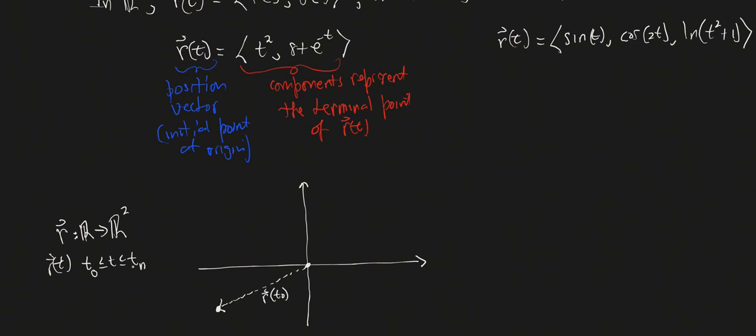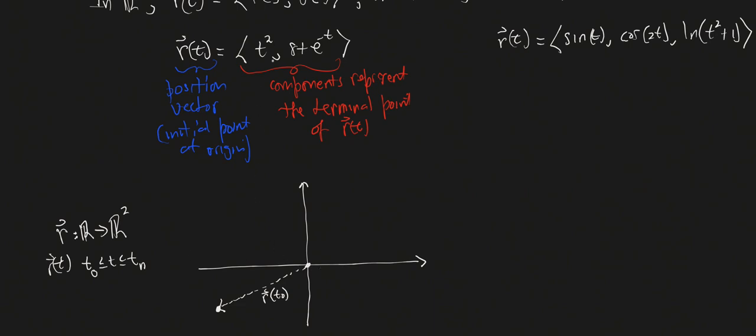And then I would do that process repeatedly for several values of t, all the way to, let's say, t sub n. So again, I would pick another value of t, let's say t1, and I would plug it in.